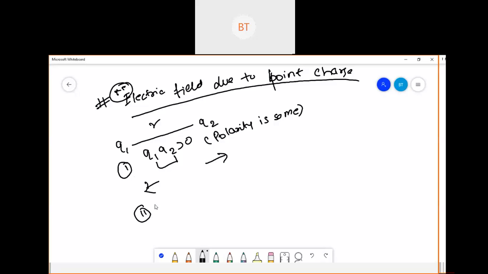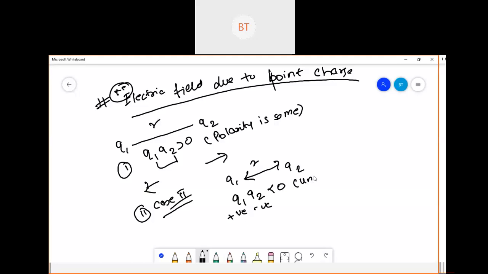In the second case, suppose this is Q1 and this is Q2, separated by a distance r, and they are of unlike polarity. I mean, Q1 Q2 will be less than 0, so this will be positive and this will be negative. This polarity is unlike, not the same.